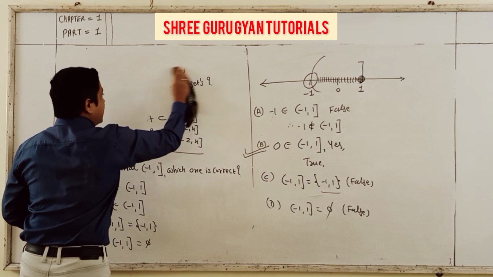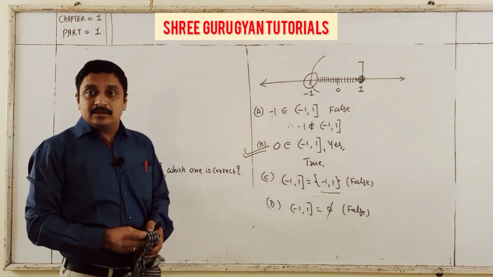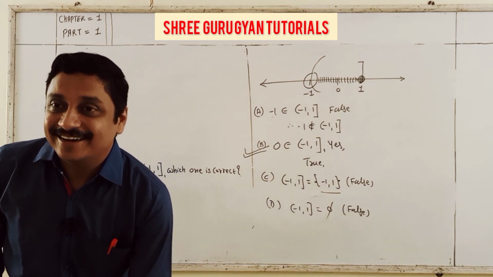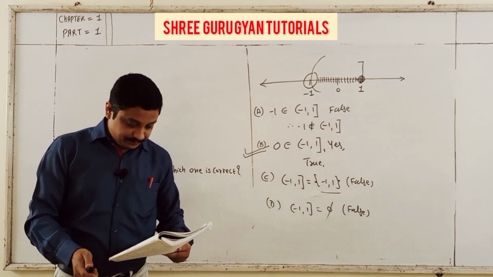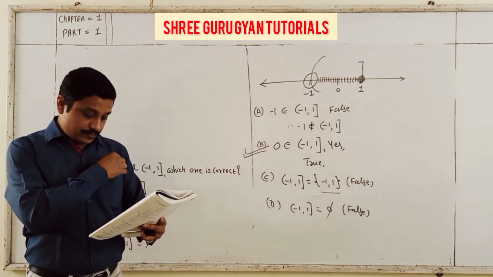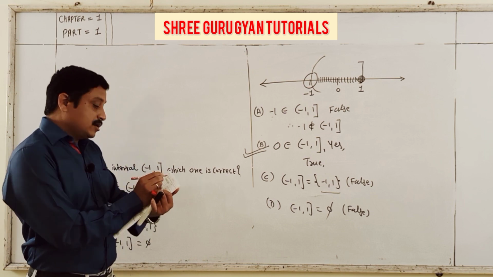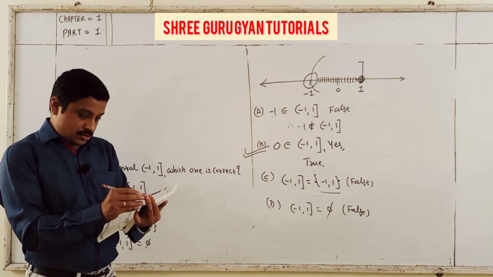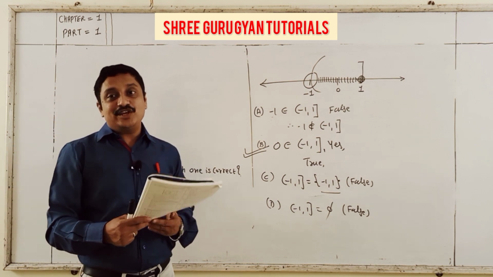The 8th one. I again repeat, these are all most important questions, not given in your textbook but asked in the exam. Now continue. Question number 8. According to the given Venn diagram, decide which option is true.